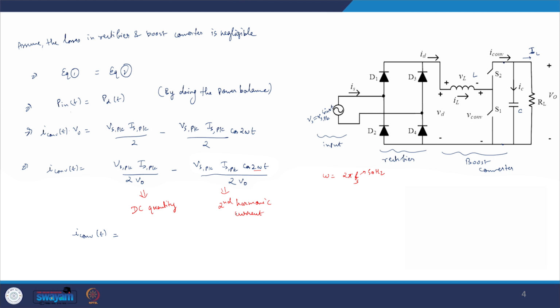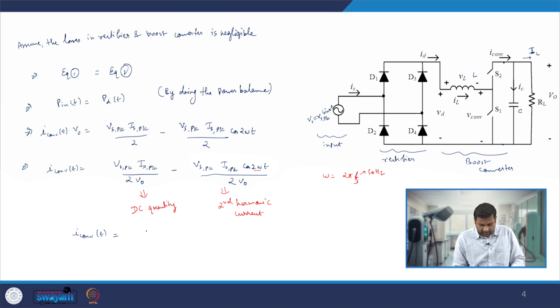So we can write down that this I converter of t comprises of IC, which is again varying with time, plus IL. The DC component is going into the load RL, while the second harmonic or the double line frequency component is going through the capacitor bank.